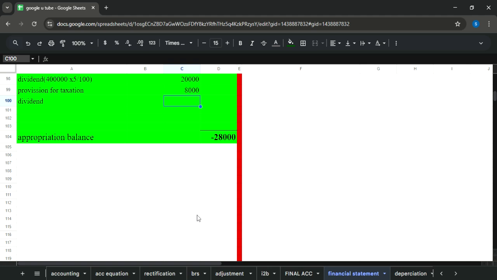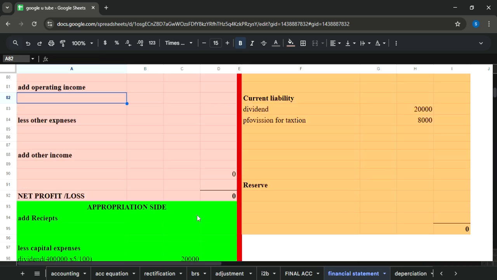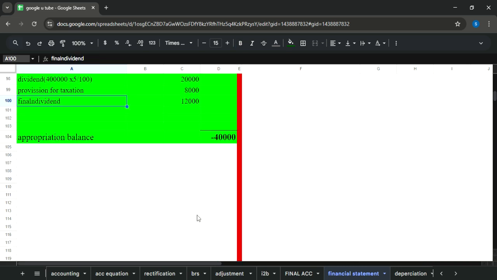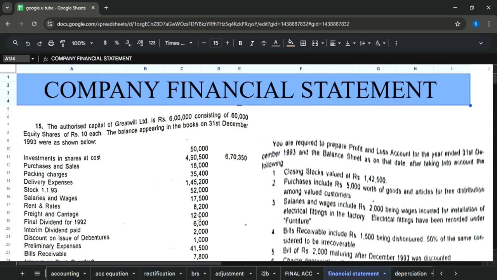So here 12,000 would be written, while let's mention it is final dividend. One second, we need a spacer. Alright guys, final dividend is mentioned.